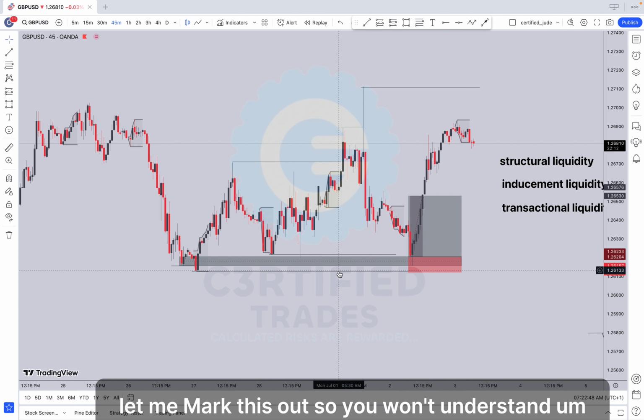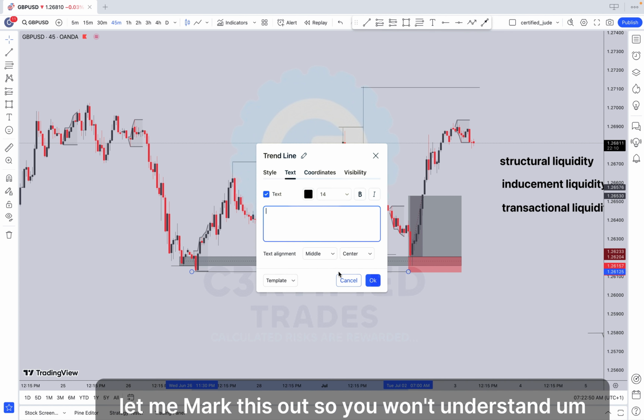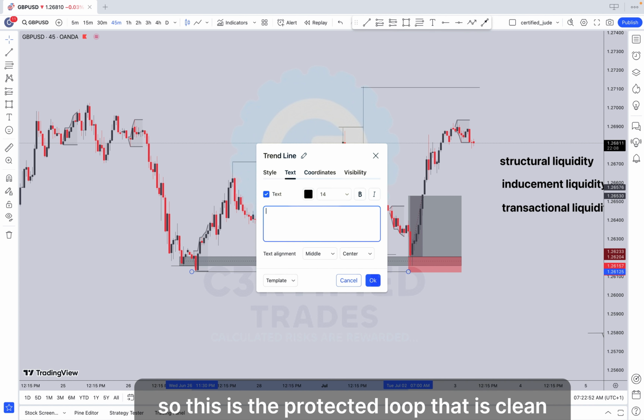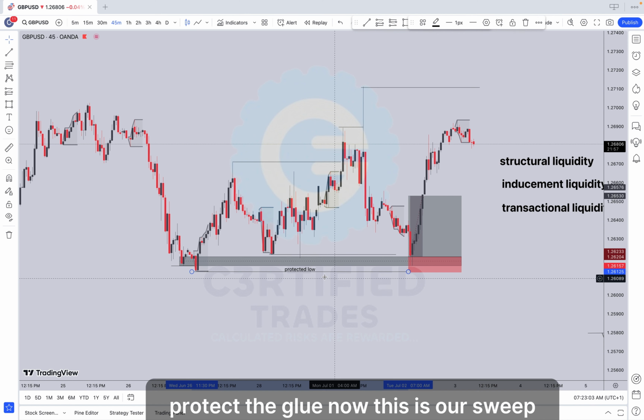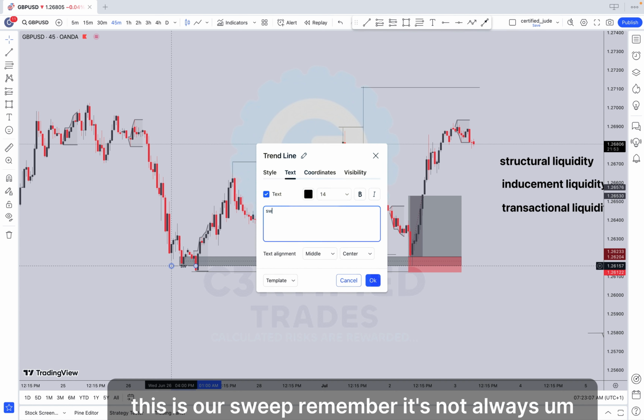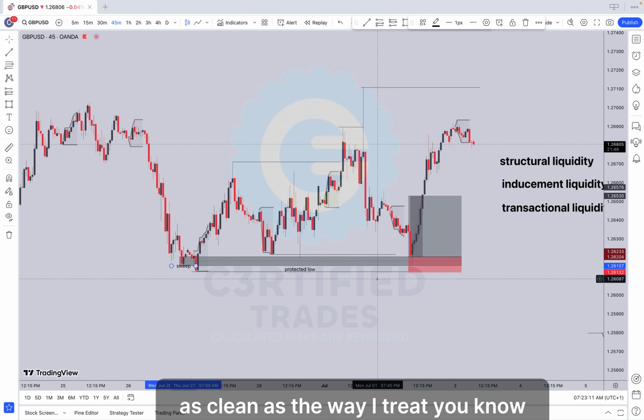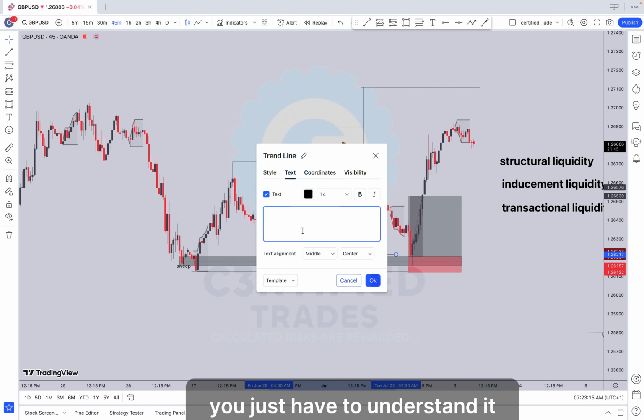Let me mark this out so we can understand. So this is the protected low that I explained. Protected low. Now this is our sweep. Remember, it's not always as clean as the way I drew it. You just have to understand it. Now what is this?